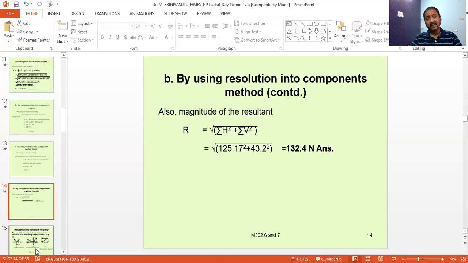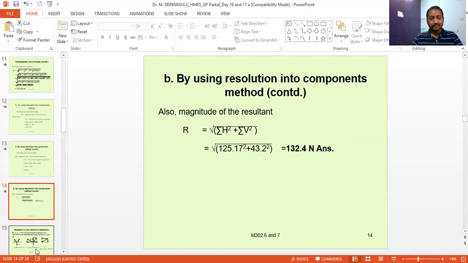However, the parallelogram law of forces is applicable only when two forces are acting with some included angle between them. If we know the included angle and two forces, we can find out the resultant.